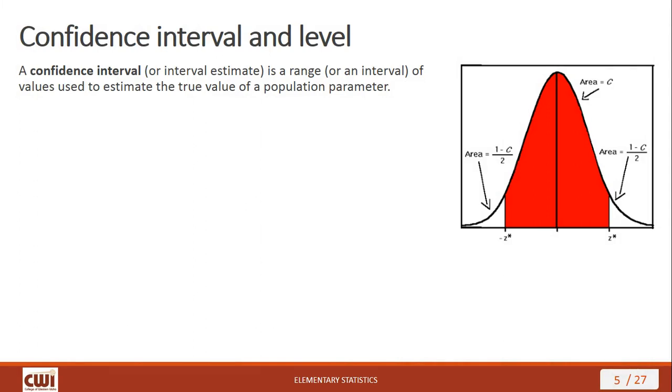First, we need to understand the concept of a confidence interval. So confidence interval, otherwise known as an interval estimate, is simply a range or interval of values used to estimate the true value of a population parameter. So the point estimate provides the center for this interval, and then extending out either way to the left and the right on a number line, so to speak, from this point estimate is a margin of error. Those together comprise a confidence interval.